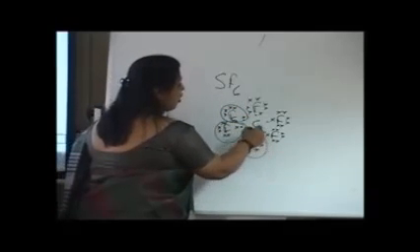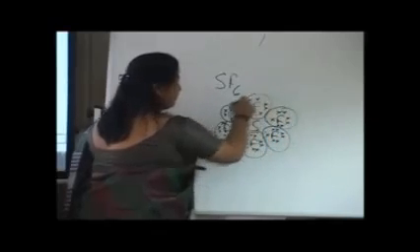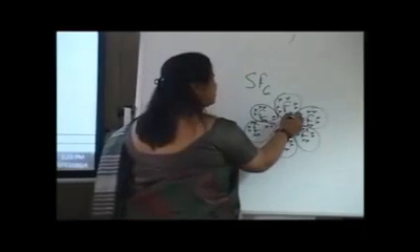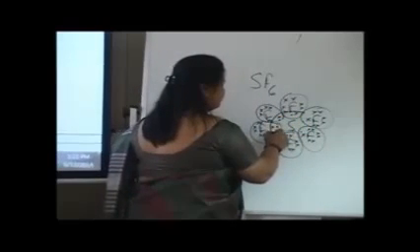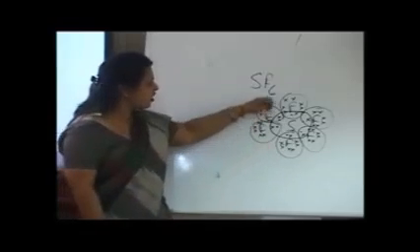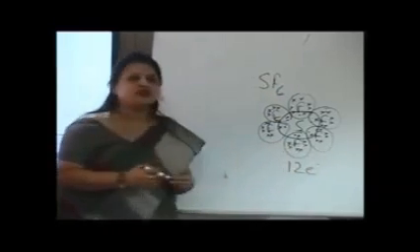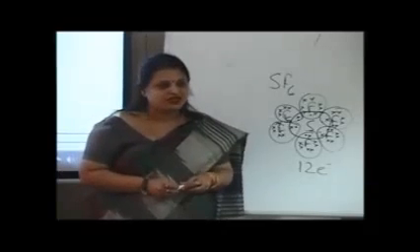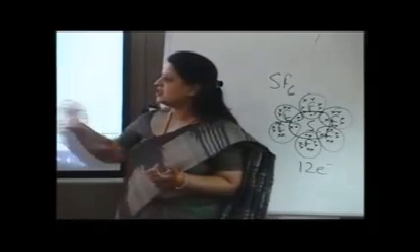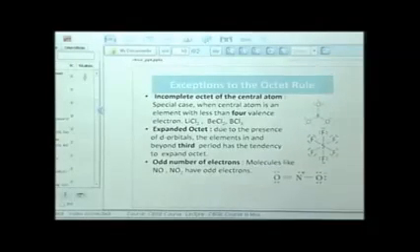So the octet of each of the fluorine atoms is complete, but at the same time, sulfur atom is having, instead of 8, how many electrons? 12 electrons. So instead of 8, it is having 12 electrons. It has an expanded octet.